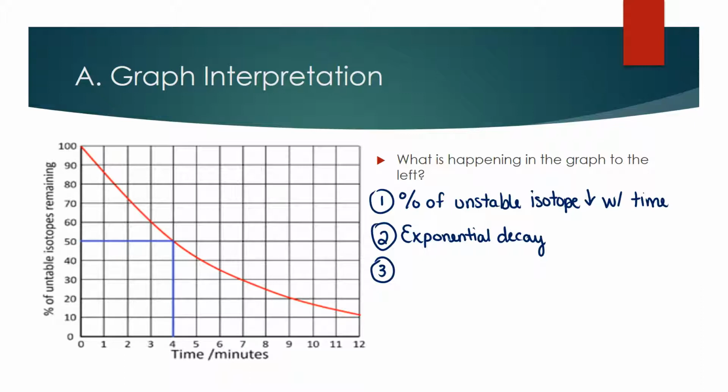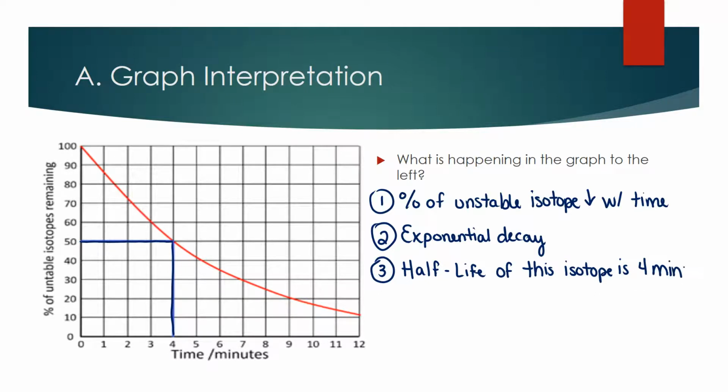The idea is, like it's showing there, extrapolating there in blue, that 50% of this isotope remains after 4 minutes. So that tells us that the half-life of this isotope is 4 minutes.